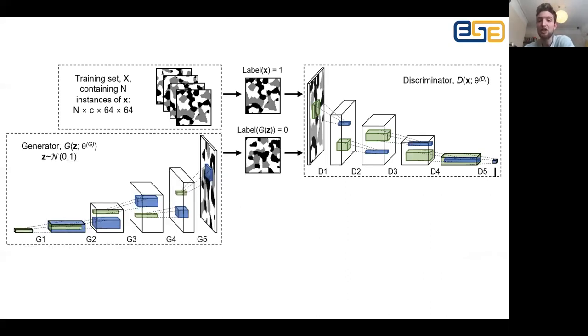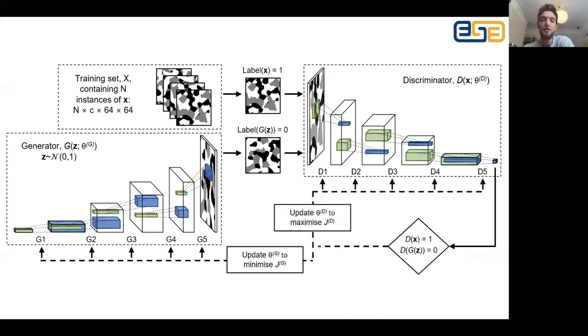But then we also have a generator, which is playing the role of the fraudster. Over time, we go through that process that I described before, where we teach the discriminator to tell the difference between these real images and fake images, and we teach the generator to make more and more realistic fake images. So over time, both of these neural nets learn, and eventually, the key thing is, again, we have this generator that can make really realistic fake images.